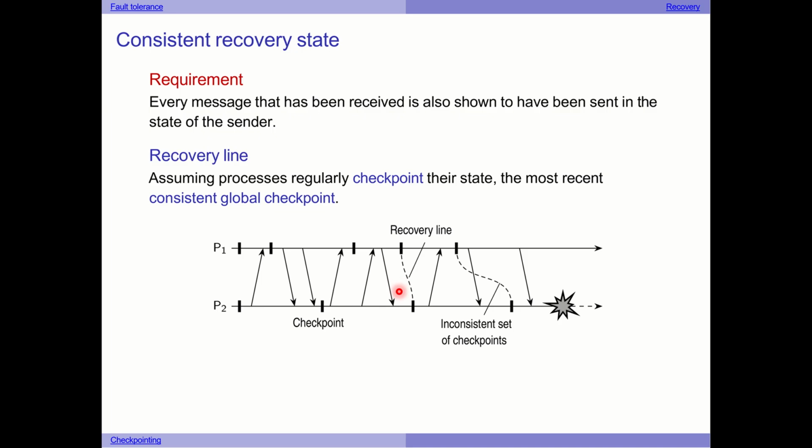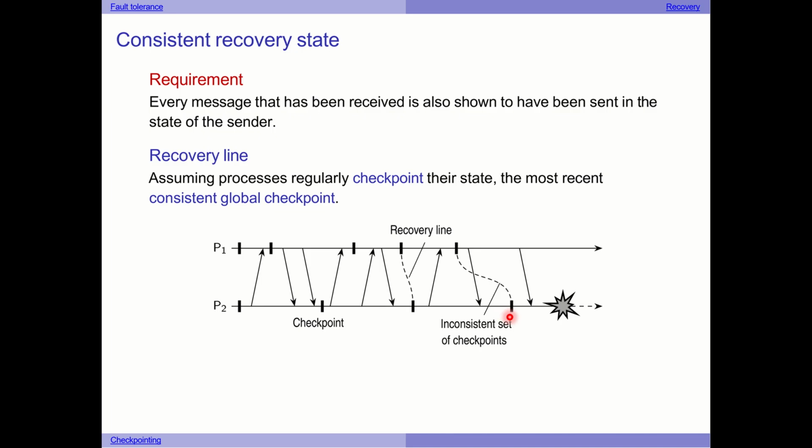If a message is received after the recovery line, the dashed line, it is said to be in an inconsistent state.